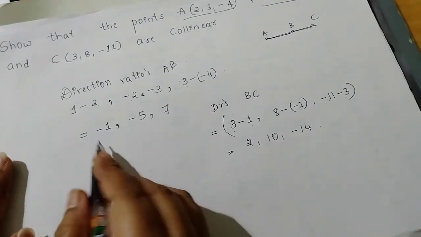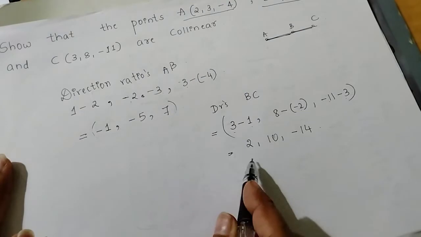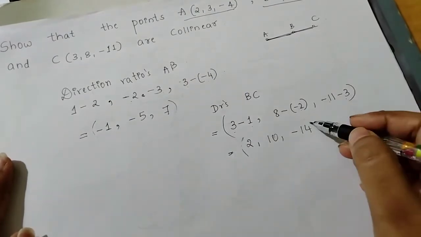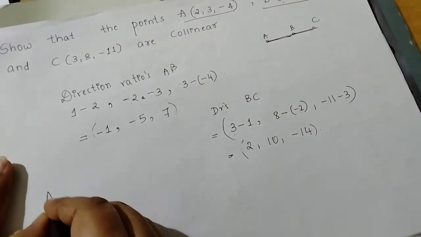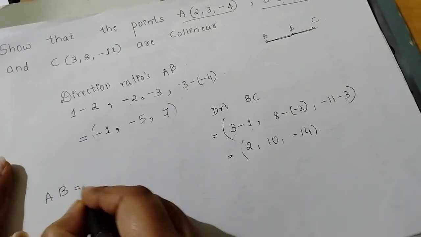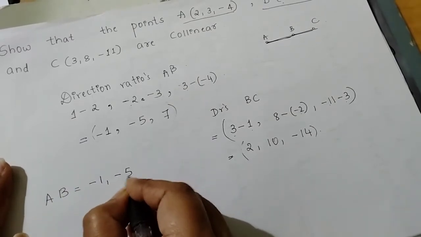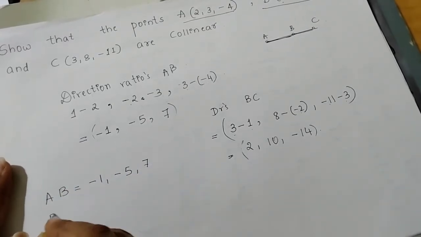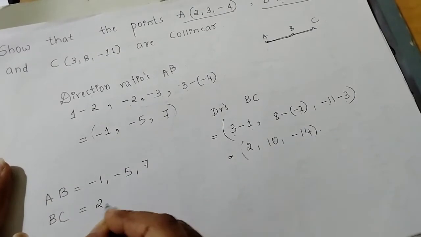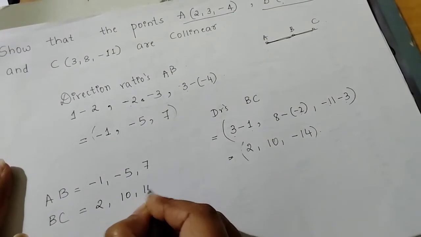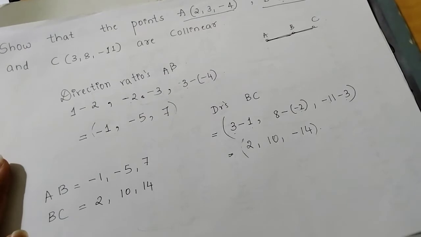Okay, these are AB direction ratios, this is BC. Now compare AB and BC. AB, what you have got? Minus 1, minus 5, 7. BC: 2, 10, minus 14. Okay.